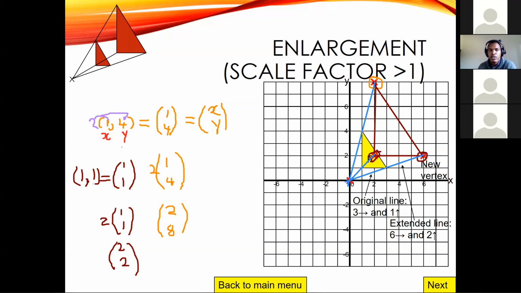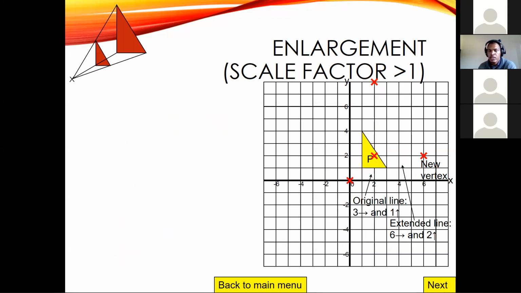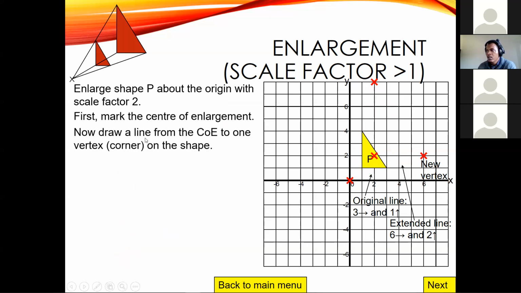And now we will be looking at the slideshow presentation itself, how we will be representing it in slide form. There's another way: once you have your center of enlargement, you can just draw out the line straightforward. Without doing the calculations, since I know the center of enlargement is here, I can already draw out a line.